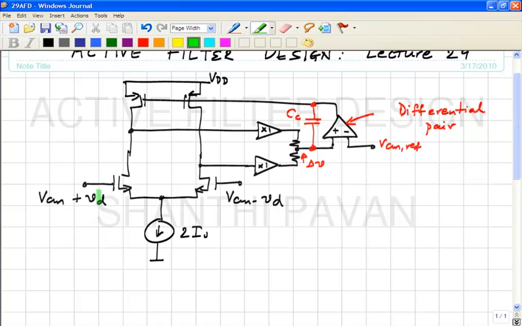If VD was 0 and I injected two small current sources, I and I, in this fashion, can you comment on the common mode voltage detected at the output of the detector?